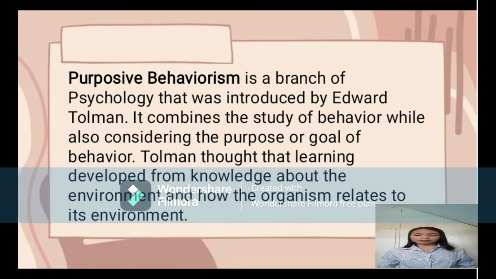Purposive behaviorism is a branch of psychology that was introduced by Edward Tolman. It combines the study of behavior while also considering the purpose or goal of behavior. Tolman thought that learning developed from knowledge about the environment and how the organism relates to its environment.